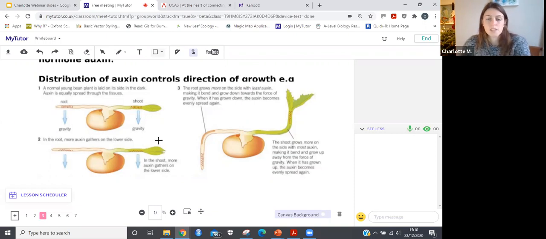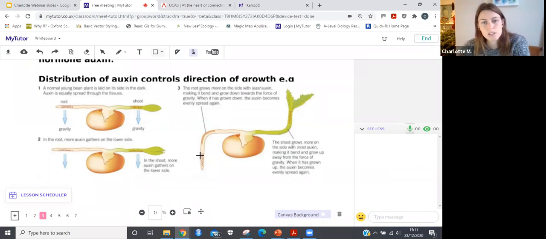In the root, the plant grows more on the side with the least auxin, which means that it bends and grows downwards towards the force of gravity. So gravitropism works on the roots. It means that the plant grows more on the side with the least auxin, and so it bends downwards.